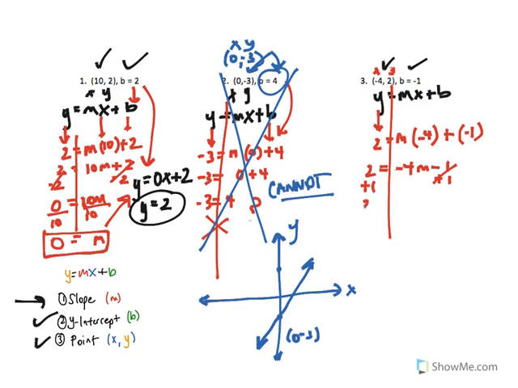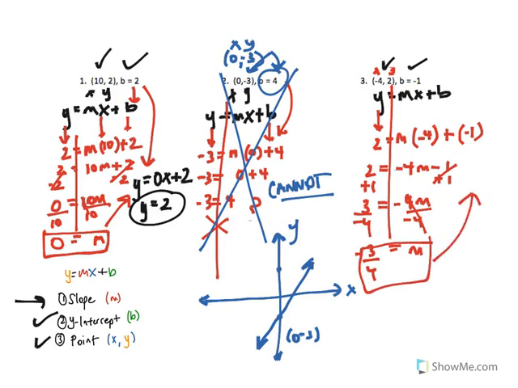Add 1 to both sides. Divide by negative 4. Divide by negative 4. Slope is negative 3 over 4. Now I use this slope here and this y-intercept here to write the equation of my line. Y equals negative 3 over 4x minus 1.